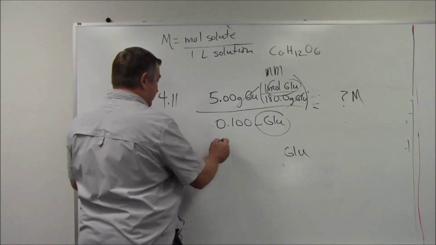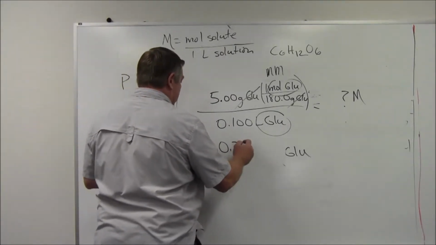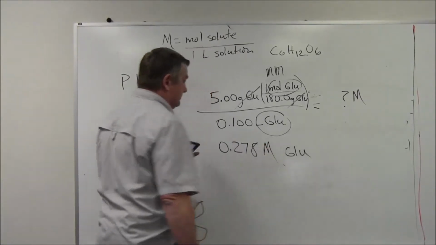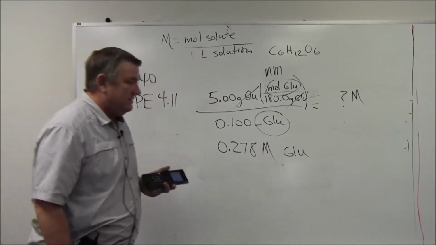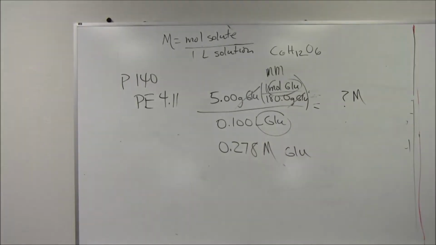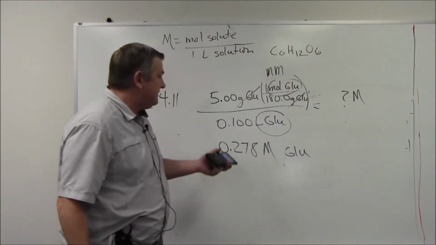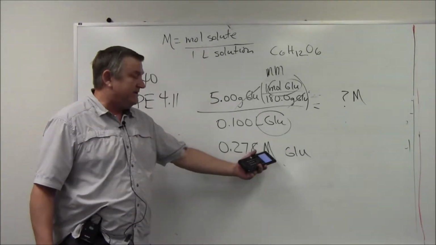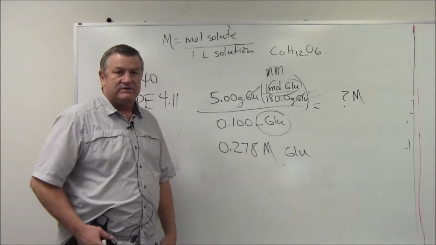And when we do that math, we get 0.278 molar glucose. And we look at the book, and we get 0.278 molar. So once again, when we label that bottle containing our glucose solution, we put 0.278 big M glucose.